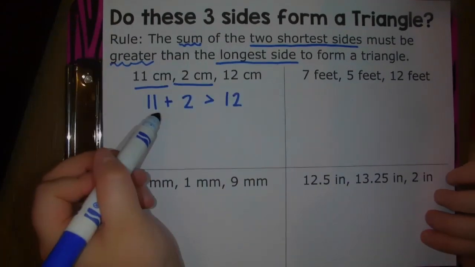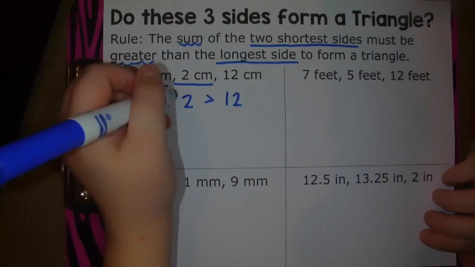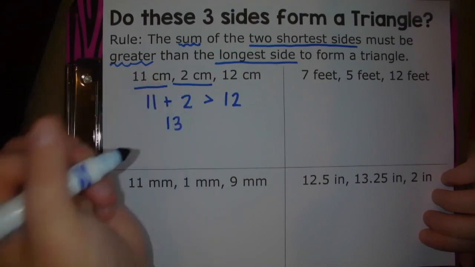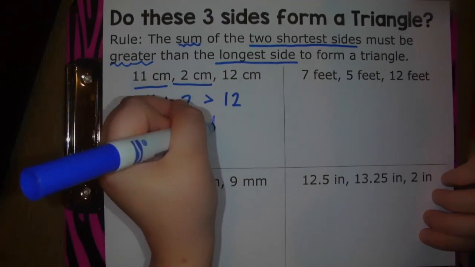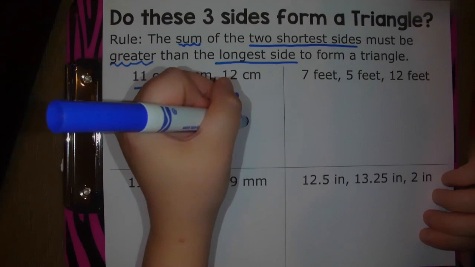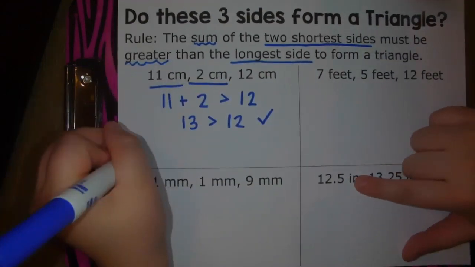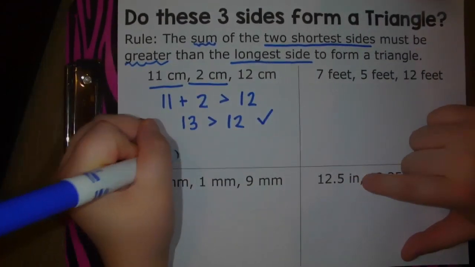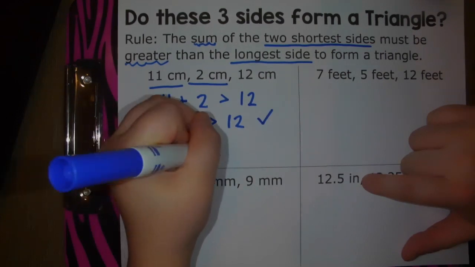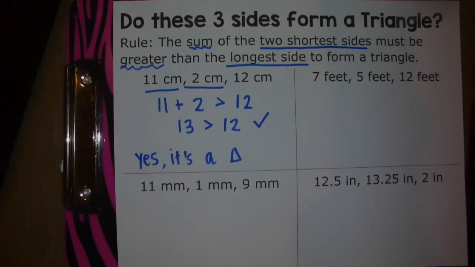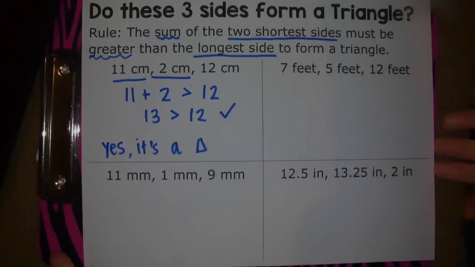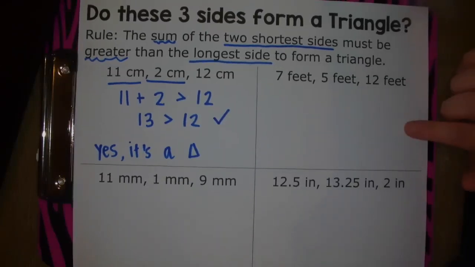Well, 11 and 2 add together to give me 13. Is 13 greater than 12? Yes. So we can say, yes, it's a triangle.